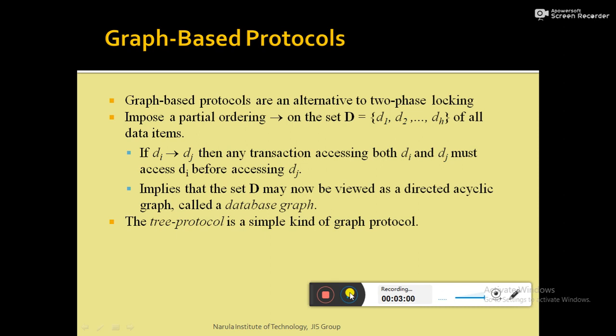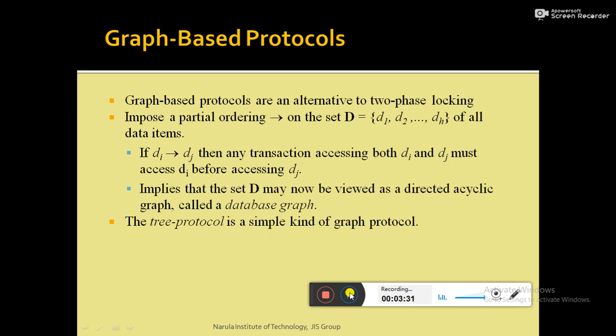Specifically speaking, the database management system, or the concurrency control component, requires additional information, meaning the order in which a transaction is going to access all the data items. And what is the additional information? It needs the order of the data items by which a transaction is going to access the database.